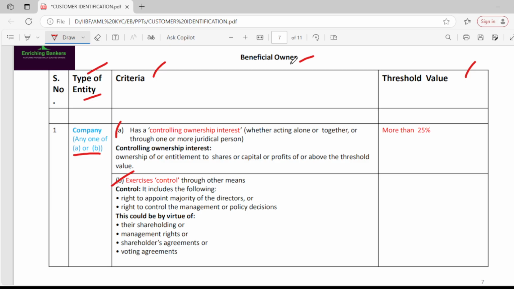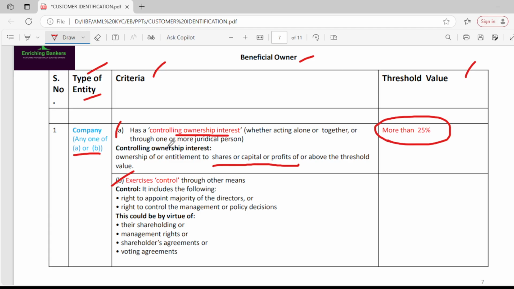A natural person who can satisfy any of these two can be treated as beneficial owner. The first criteria is a natural person who has more than 25% ownership interest in terms of shares or capital or profits can be treated as beneficial owner.